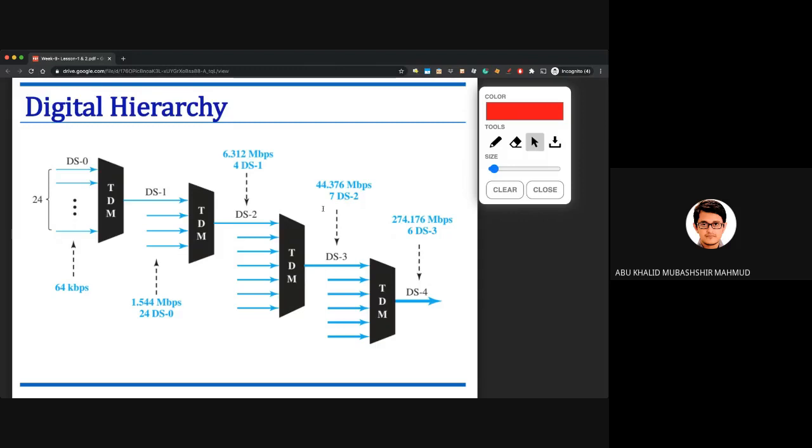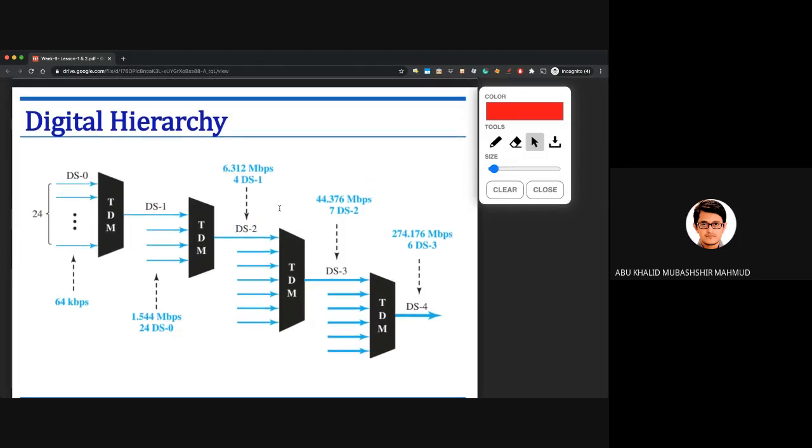So what we have here is that we use 24 channels, each of 64 kbps, and then we multiplex them, we get a channel of 1.544 Mbps, the DS1 channel, and then we combine 4 channels of DS1 into DS2 channels, each of 6.312 megabits per second, etc. And then we go on, and finally we get these values. So I hope you get that.